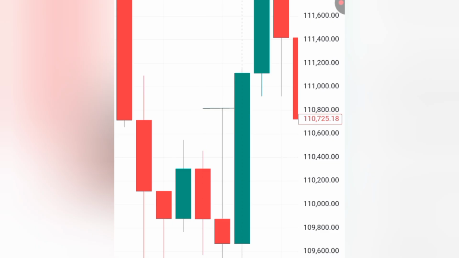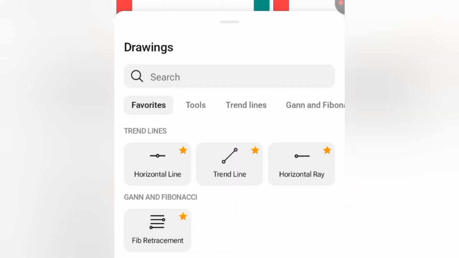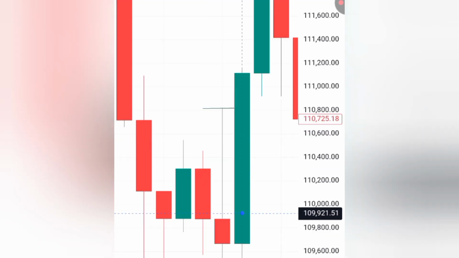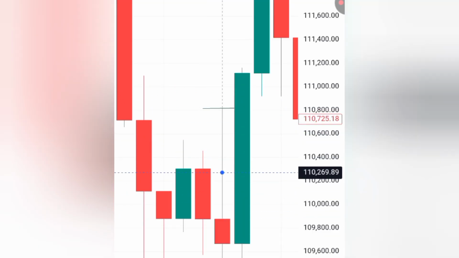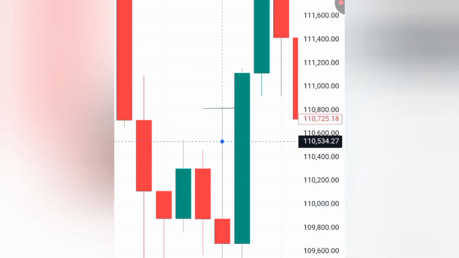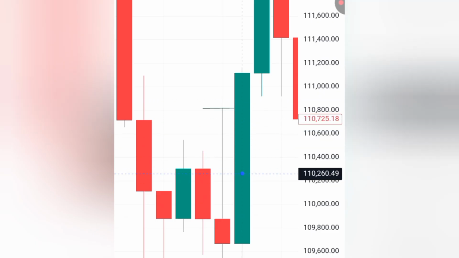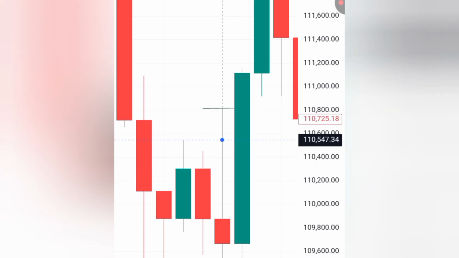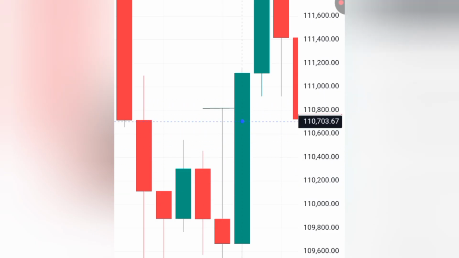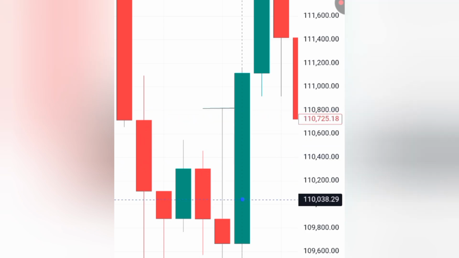Then you will see that this green candle has completely engulfed this one, making it a strong buying position. That means buyers are entering the market.